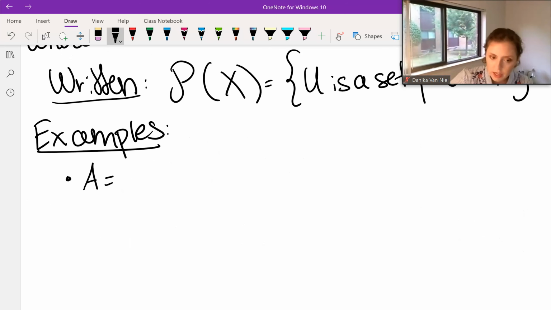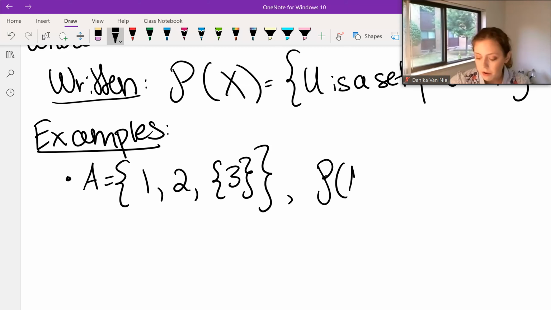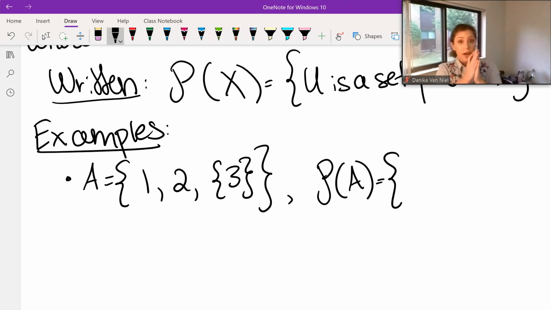So let's say that A is the set 1, 2, and then it has an element that's the set only containing 3. Then our power set of A. I like to go small to large so I don't miss any. That's always my philosophy with this, because I'm always worried that I'm going to miss something.